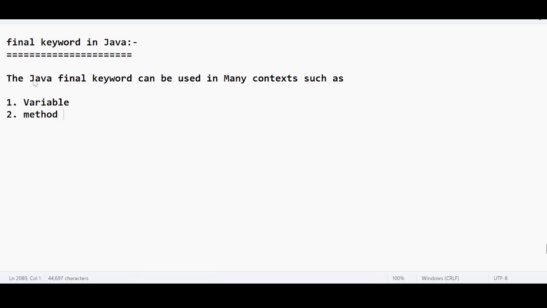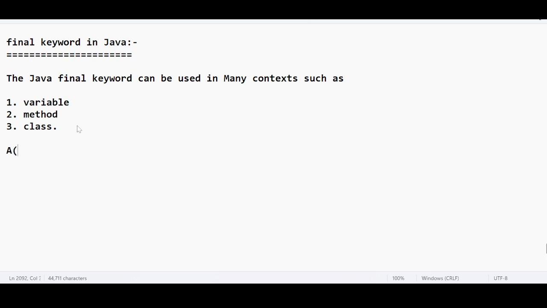Second, a method can be final. And third, a Java class can be final. You can define a variable with the final keyword, a method with the final keyword, and a class with the final keyword. That's it. Only these three things can be represented with the final keyword.